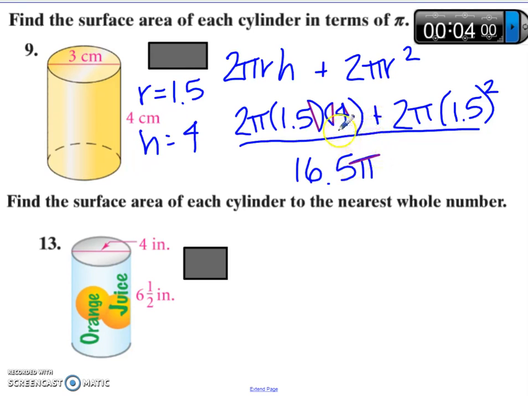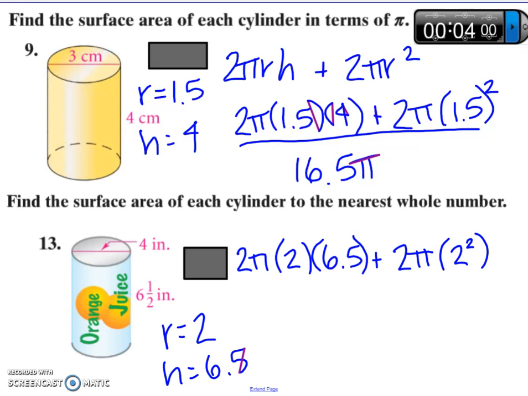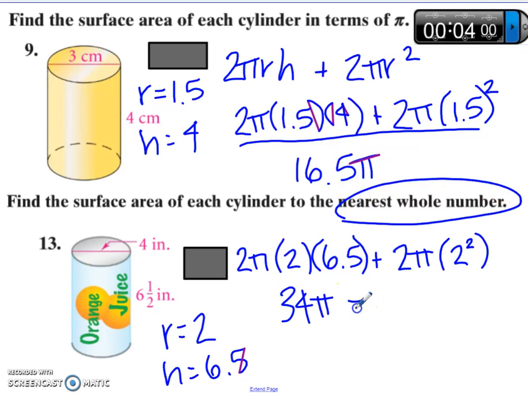So go ahead and try the next one on your notes, and then check back when you are finished. Then you can round to the nearest whole number.